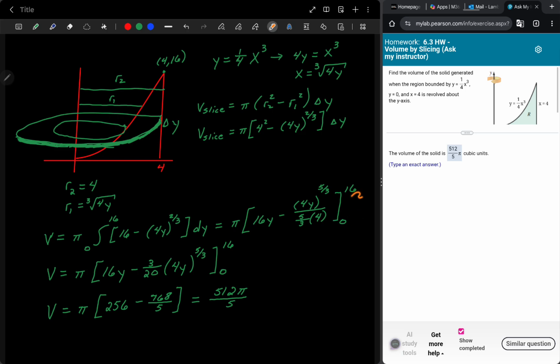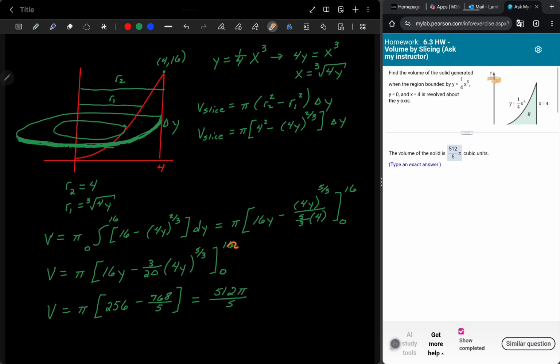I need to now evaluate it from 0 to 16. When I plugged in a 16, I had 16 times 16. That's where I got my 256. And you'll see in this second term, I simplified it down just a bit. I was dividing by 20 over 3. That's the same thing as multiplying by 3 over 20.